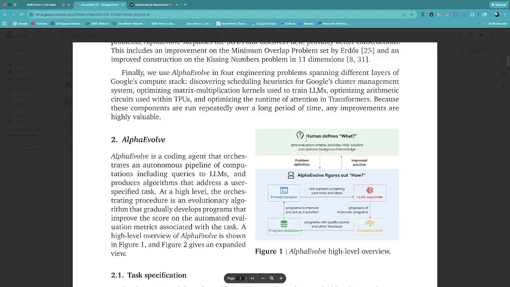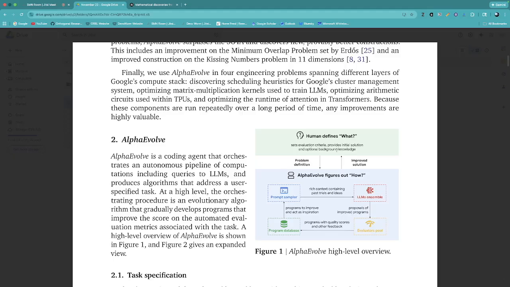In this case, what we're doing here is we have this feedback between humans and the agent. Humans define what. The human sets the evaluation criterion, provides initial solutions and optional background knowledge. They provide a problem definition to the agent AlphaEvolve, which figures out how. And then there's this prompt sampler, which gives rich context containing past trials and ideas to a large language model ensemble.